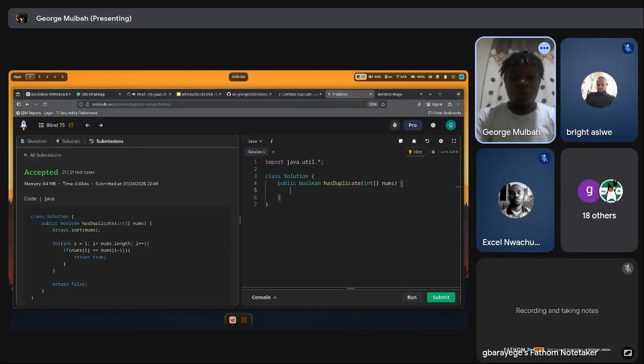Okay. But with this solution, we want to use a set, and then we want to have a set of integer. If you think I'm making some error, you can make a comment in the chat or on the call. Hash set. So this is the way you get set in Java.